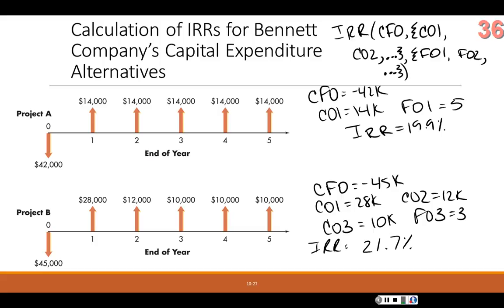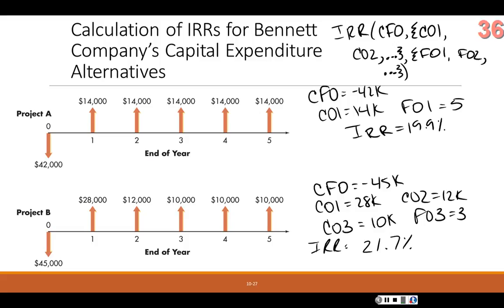So for the second one, it would have been IRR, open parentheses, negative 45,000, comma, braces, 28,000, comma, 12,000, comma, 10,000, close braces, comma, open braces, 1, comma, 1, comma, 3, close braces, close parentheses.